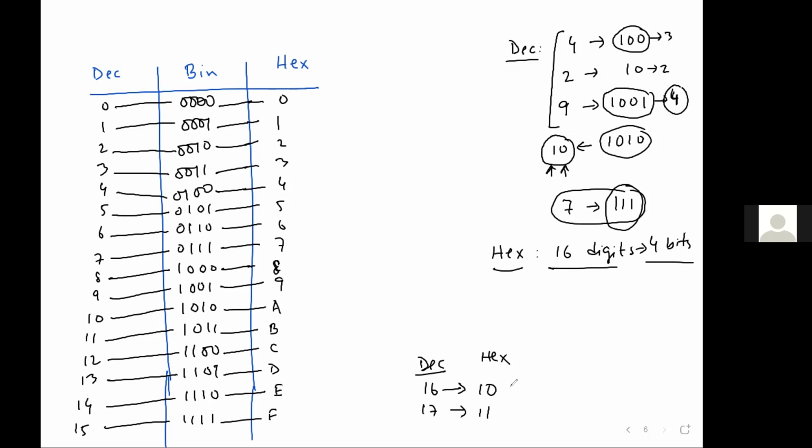After 19, in decimal if you have 26, then 26 is equivalent to 1A. So if we have 25, that is equivalent to 19. Okay. So 1A, then again 1B, 1C, 1D, 1E, 1F, and then again 20.